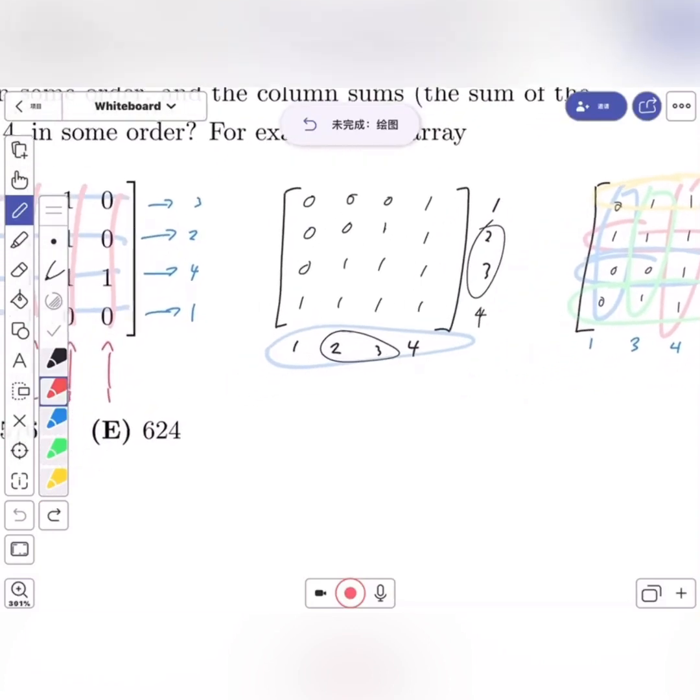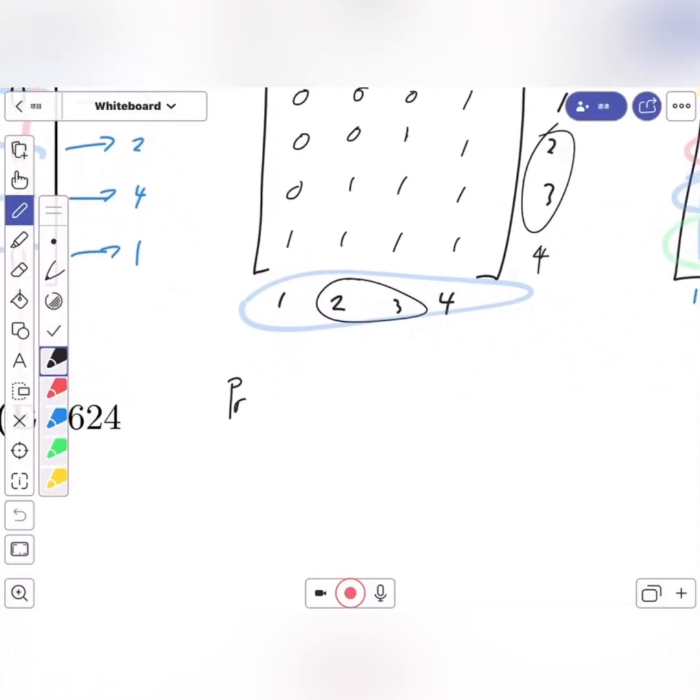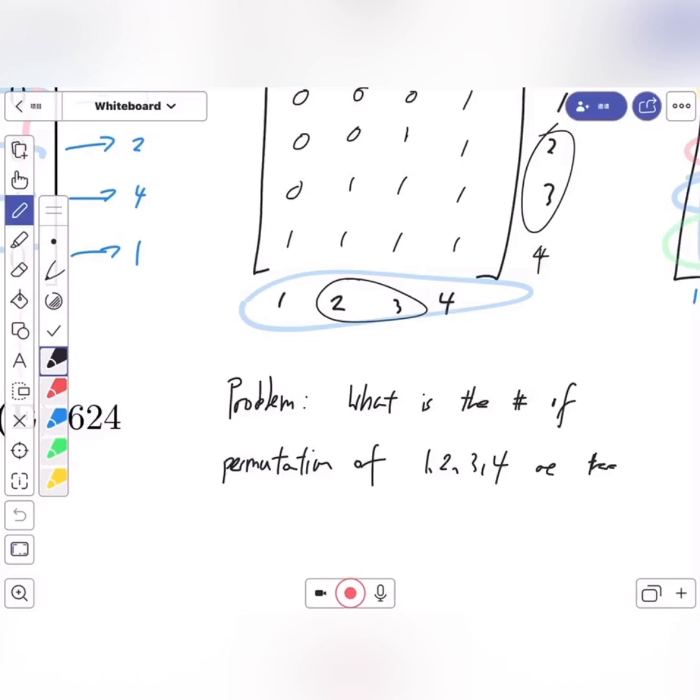So basically, the problem transforms to the problem: what is the number of permutations of 1, 2, 3, and 4 there are for both row sum and column sum.